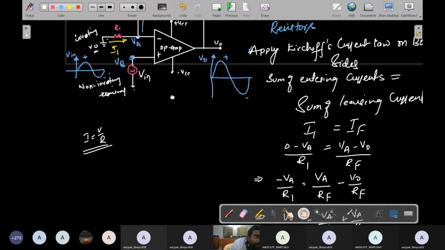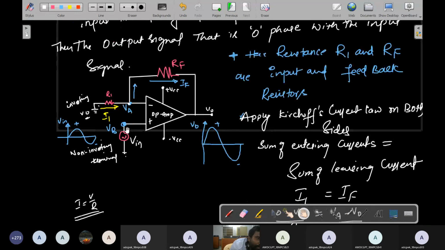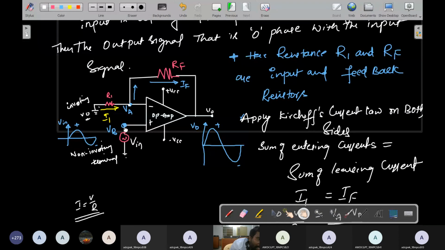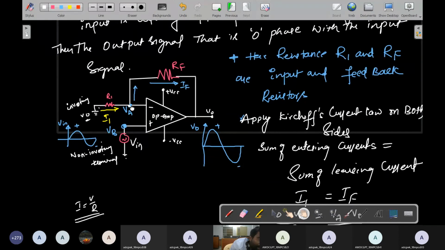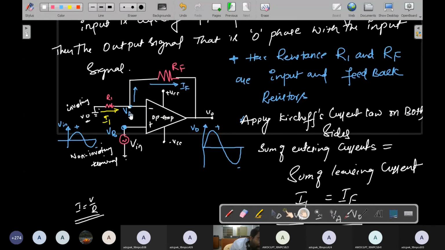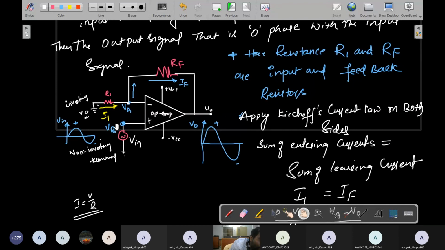Once again, see the diagram. From the virtual ground concept, whatever potential is there at point B, the same potential is also there at point A. Input voltage is given to the non-inverting terminal, but I derived the equation using the inverting terminal.